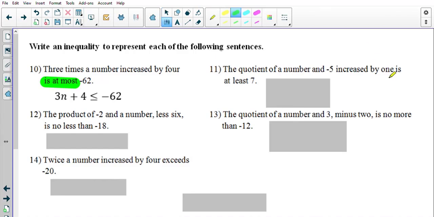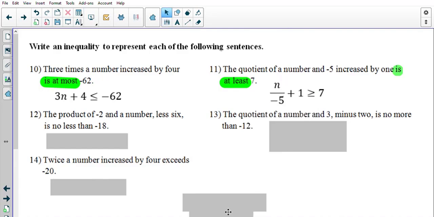So again, the phrase that represents our inequality here is at least. At least is greater than or equal to. We also have to remember that the word quotient means division. So we can represent this as n, or any variable we choose, over negative 5. Increased by 1 is plus 1, and at least is greater than or equal to 7.